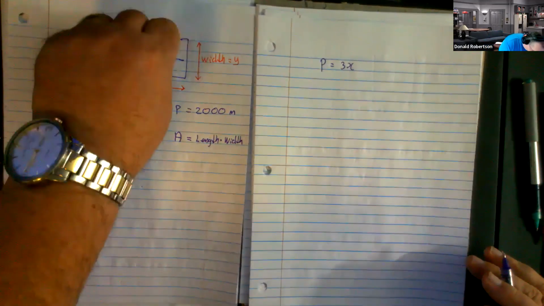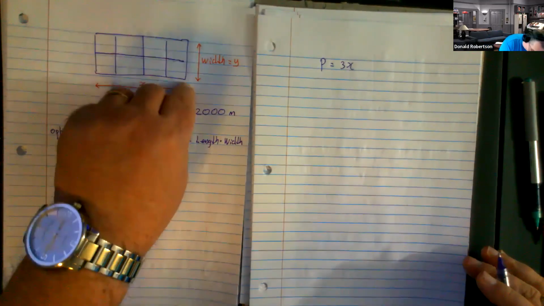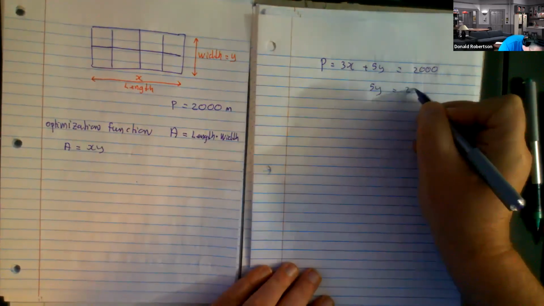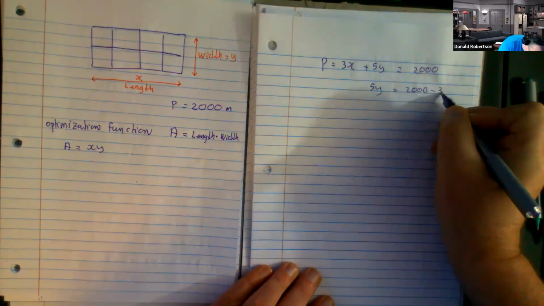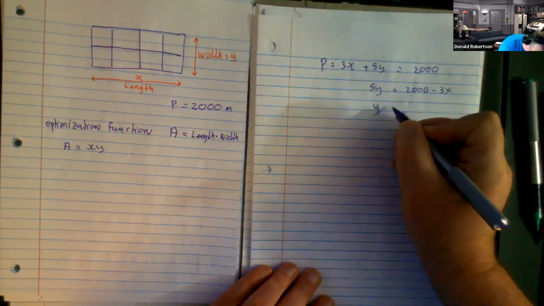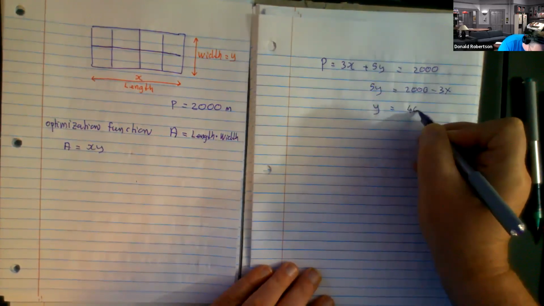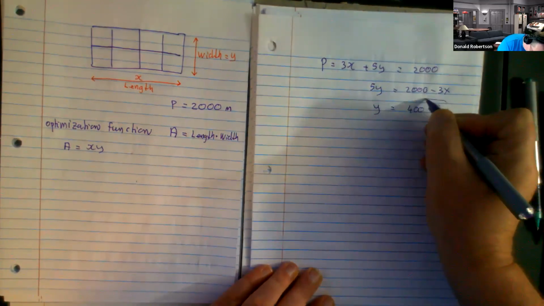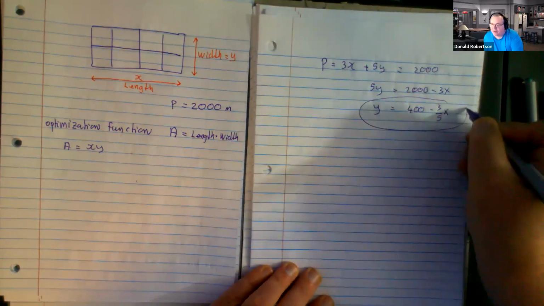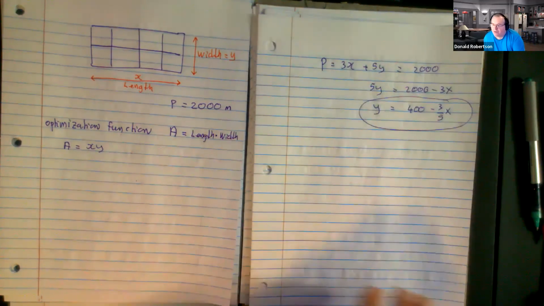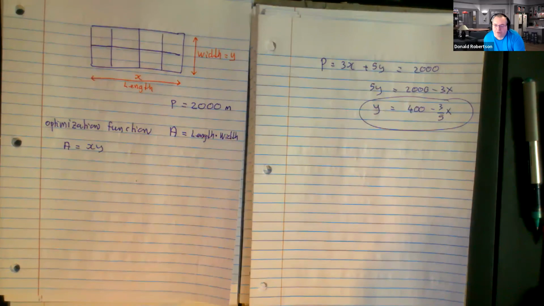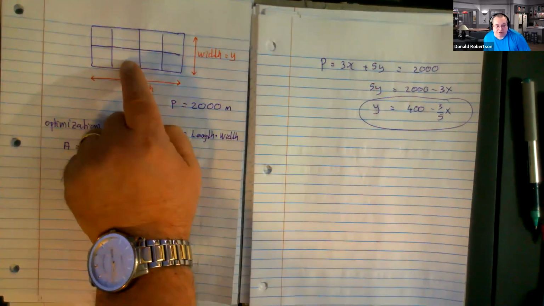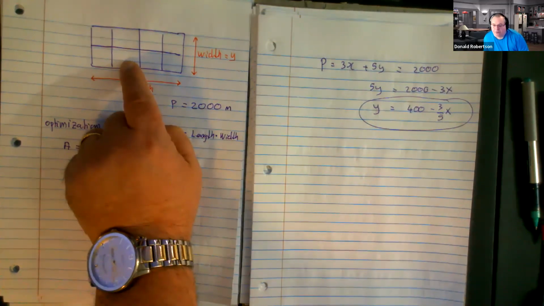And we know that that's equal to 2,000. So subtract 3X from both sides, and then divide everybody by 5. Are you comfortable about how I got the Y in terms of X in this story? I used the fact that the total amount of fencing was 2,000, and I converted the total amount of fencing into X's and Y's, and then solved for Y.